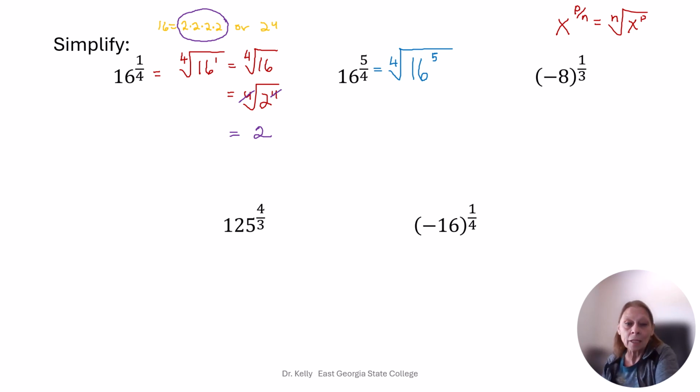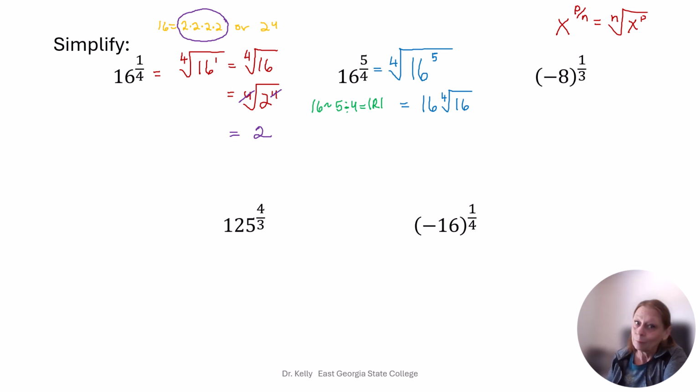So what we can do is look at the exponent first and just consider the 16. We have 5 divided by 4, so that leaves 1 that's going to come out, and we're going to have a remainder of 1. So we can do this in more than one step. My first thing I'm going to do is this becomes 16 times the 4th root of 16 left.